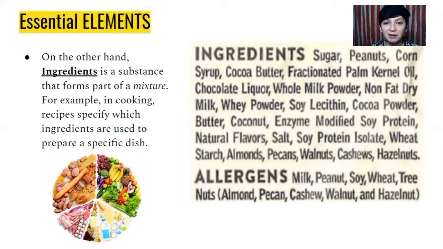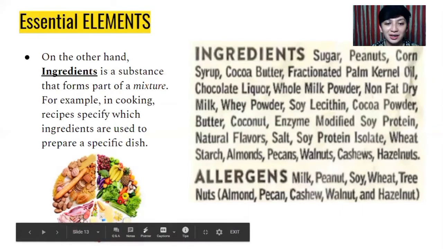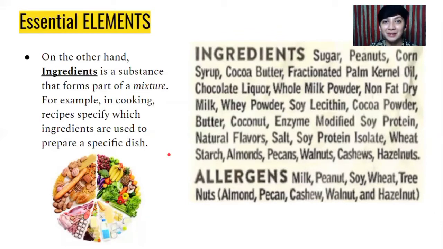As you can see here, we have a lot of ingredients composed of many different types of pure substances. And when they combine together, they are considered a mixture. The one that you already watched in your video in our week number 3.